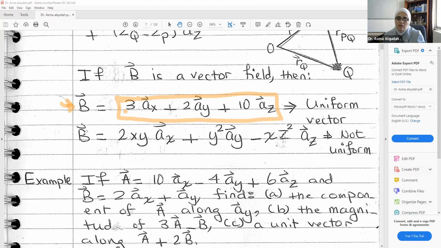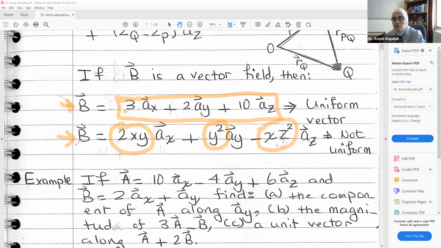But if the quantities in the vector field depend on the place of the particular points, then this vector field is non-uniform. Let's say the vector field B is the velocity of many particles in a region. If the velocity of every particle is the same, it's a uniform vector field.